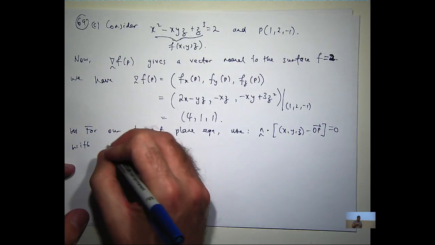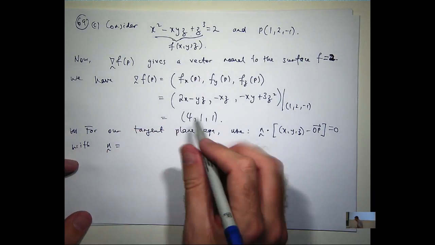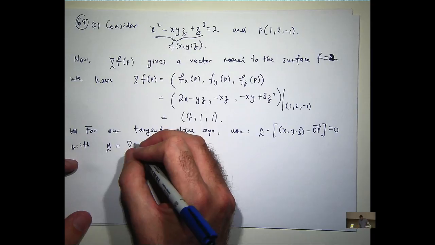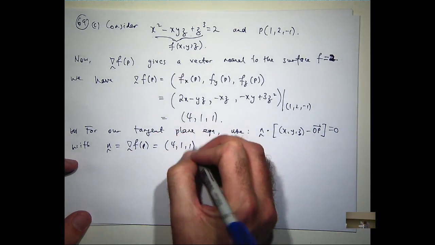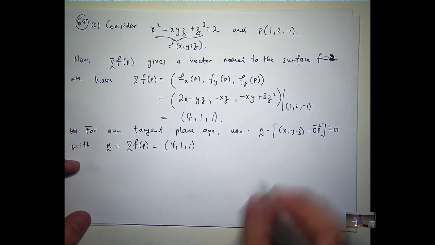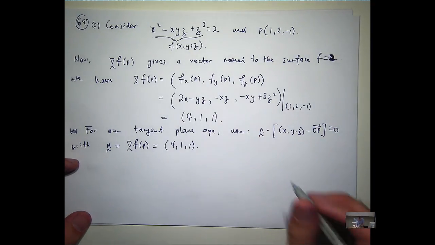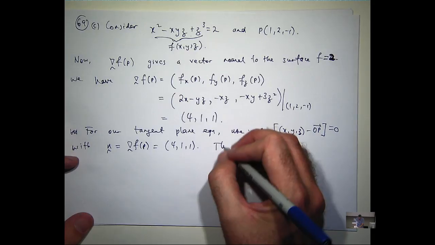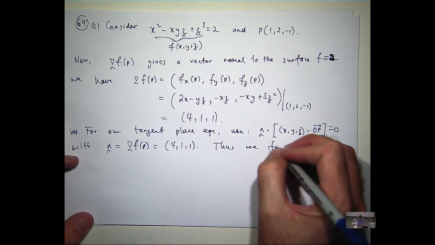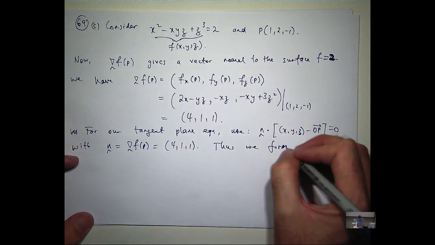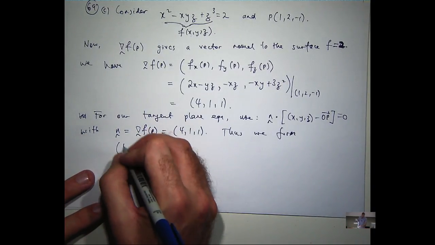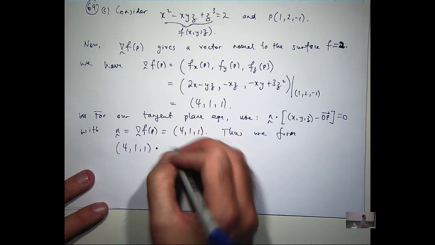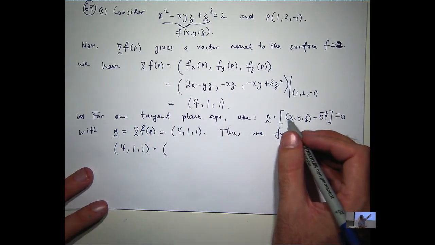So here, our normal vector is just the gradient vector. So we're going to form the following. Okay, so let's look at this vector here.